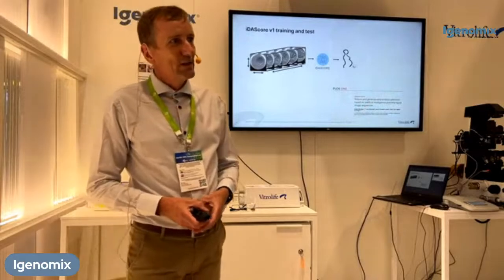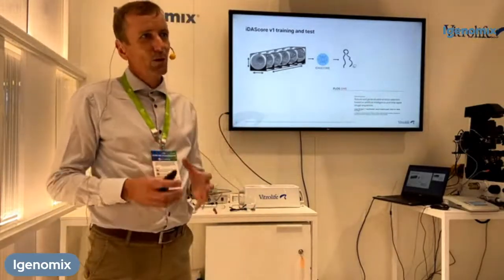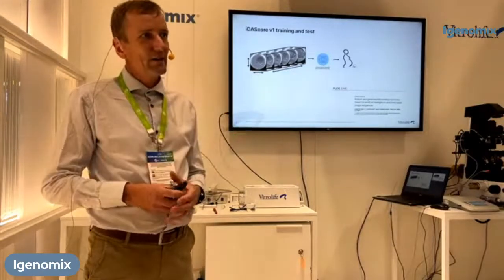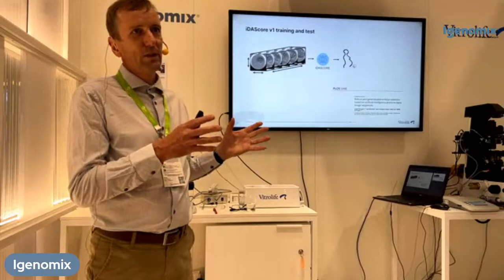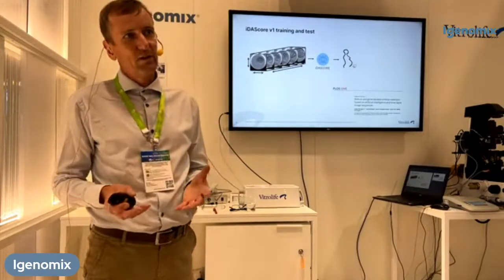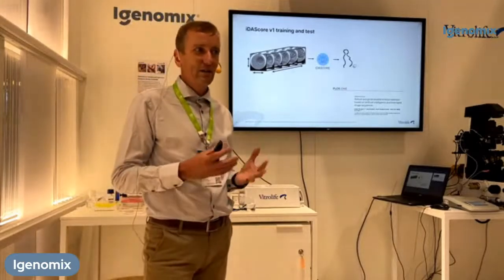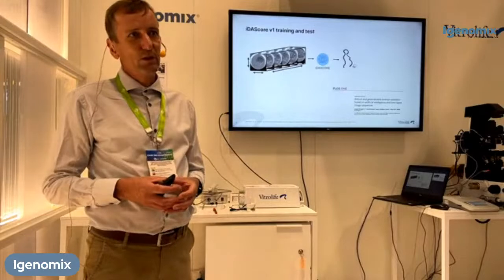So what is iDAScore? Basically, iDAScore is a big neural network, a very complex, large neural network. What it does is take image sequences from the embryoscope as input, as the only input. So there's no input of patient factors or patient demographics, etc. It's only based on images.